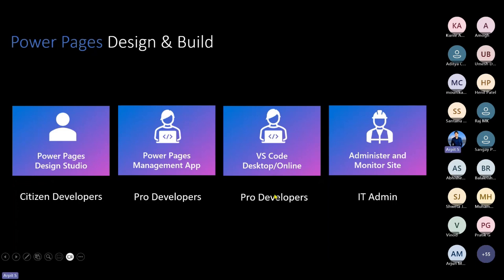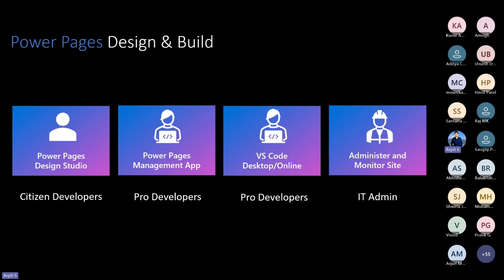And for the professional developers, we also have the VS Code desktop and the online version. So if you want to do the development offline, for example, you want to take the export of the whole configuration of Power Pages and do the development offline, then you can use the VS Code desktop version. You can take the export, and you can simply design the HTML, CSS, JavaScript, whatever it is, no matter whether you are connected to the internet or not.